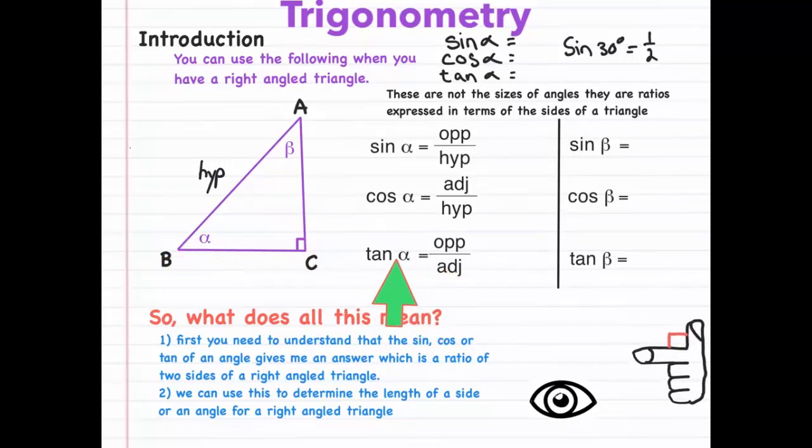And then how do we spot now which is my opposite and my adjacent for a certain angle? Now here we have alpha. We want to know the sine of alpha. So that's not alpha, that's beta. Alpha is over here. So then I'm going to use my eye to show you quickly.